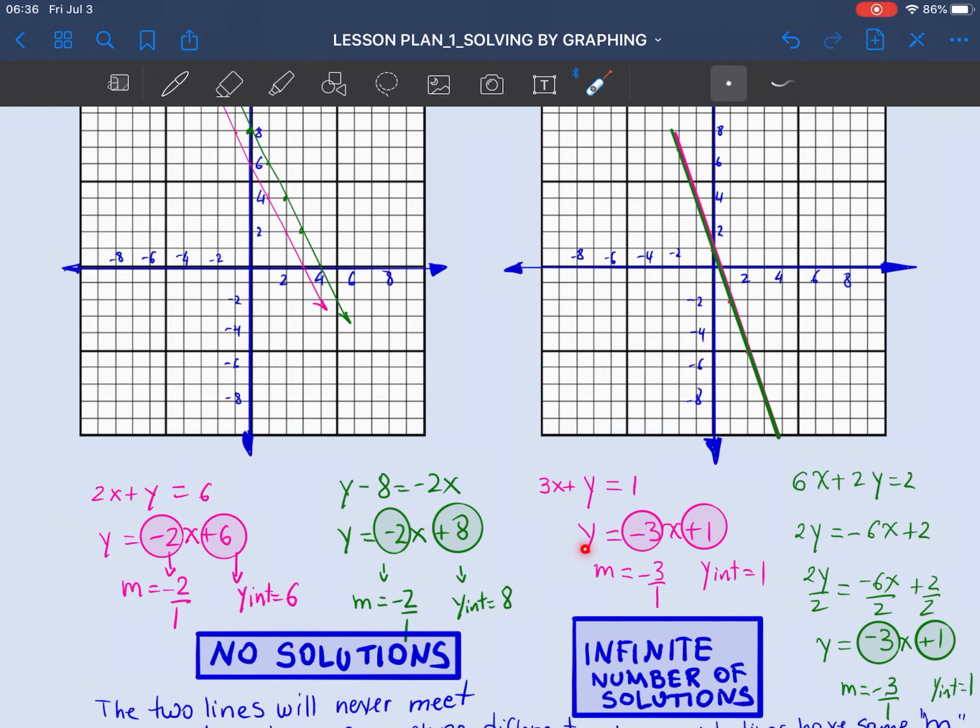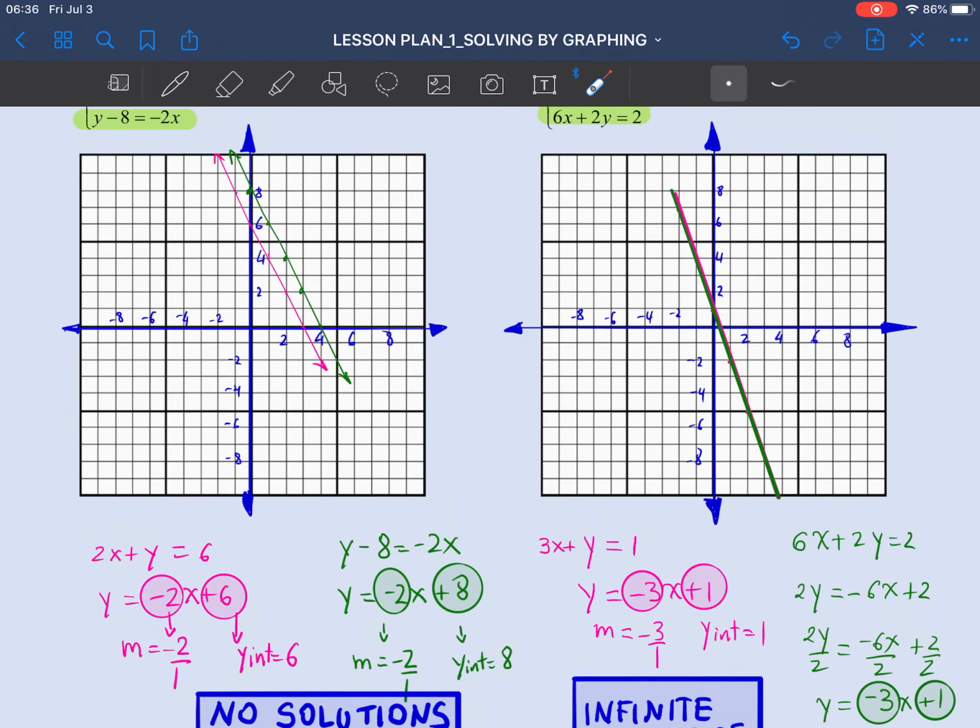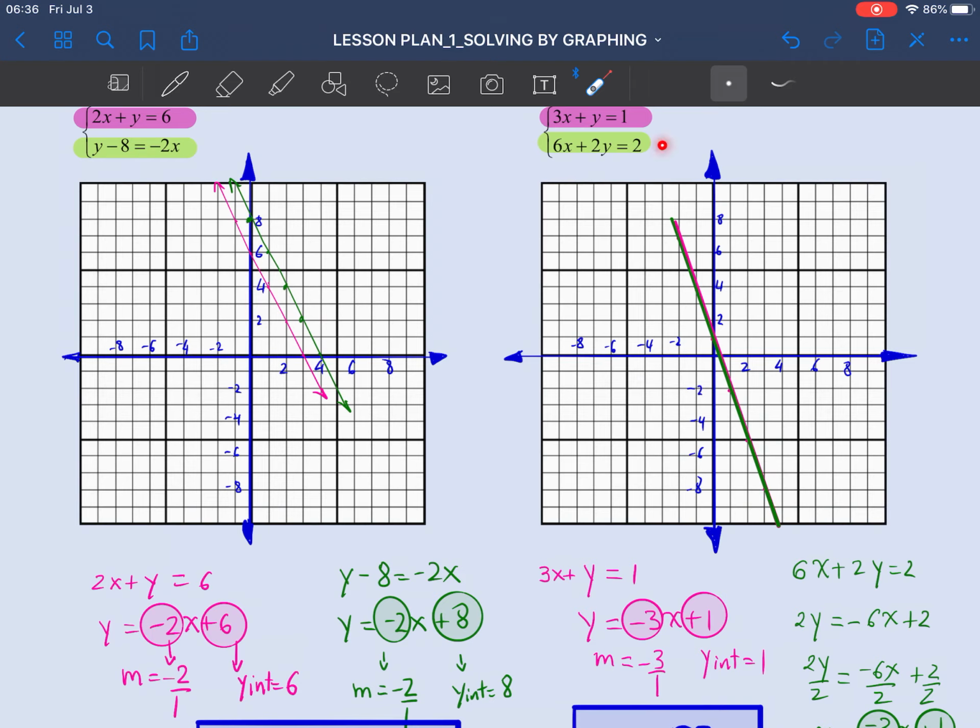So y is on the left side, stays on the left side of the equation. 3x will move to the other side, so it will become negative 3x and then plus 1. The slope is negative 3, which we write in fraction form as negative 3 over 1. The y-intercept is 1.